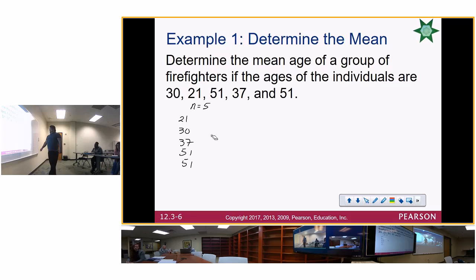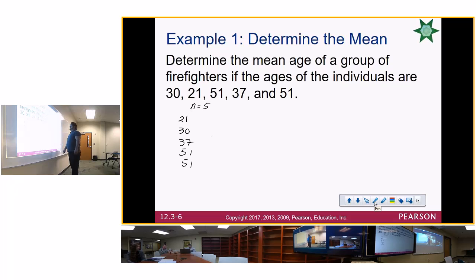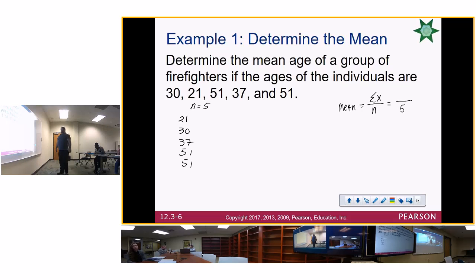Now, to find the mean, I want you to add all those up. Mean is equal to the summation of x over n. Well, that's going to be over 5. Now, somebody add all those up and tell me what you get. 190.